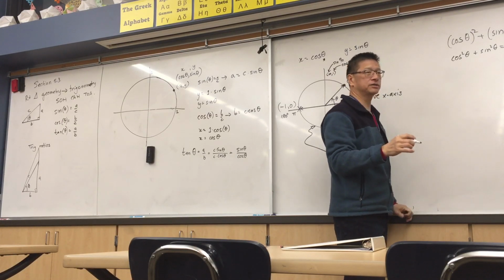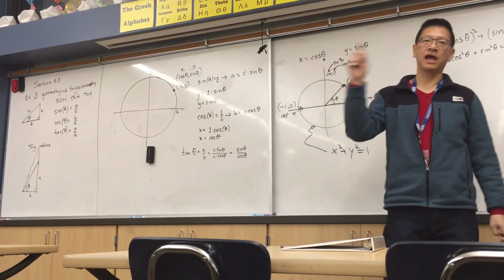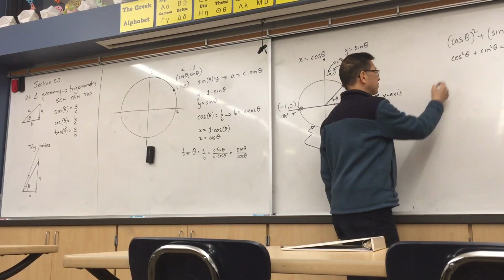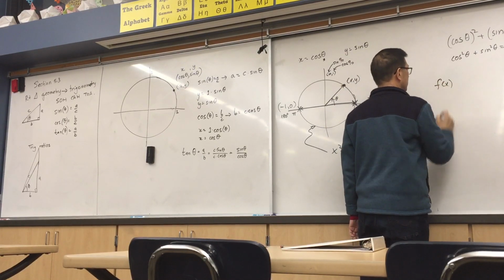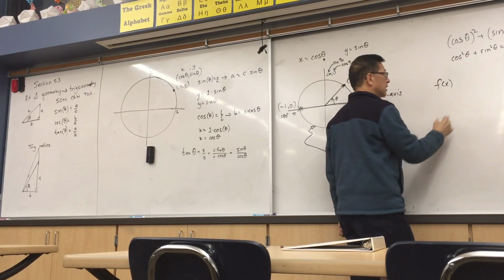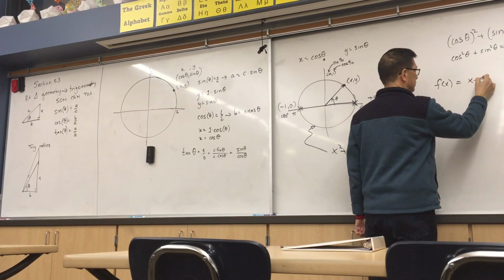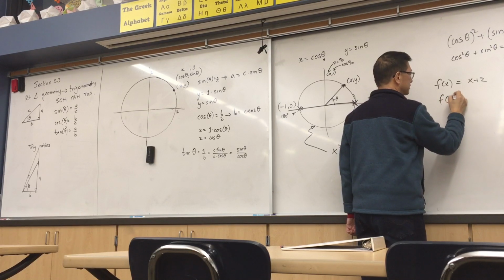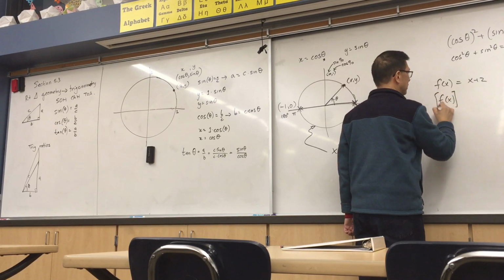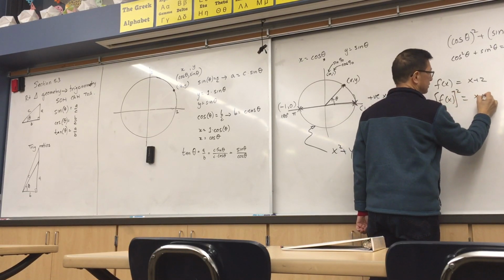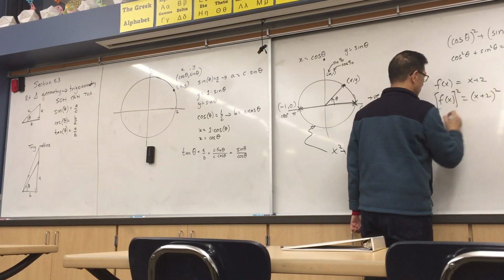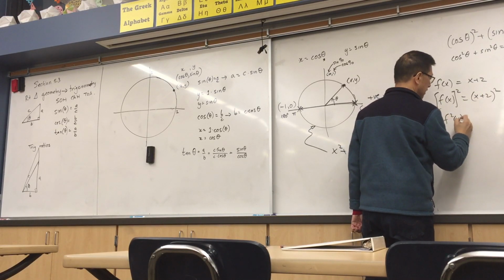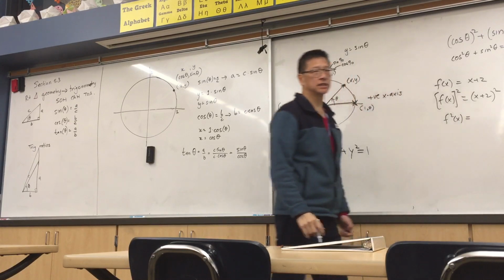The analogy here is from last semester. Remember we did f of x, and so, you know, we'll say x plus 2. If we did f of x squared, that'd be x plus 2 all squared. We can also write this as f squared of x.